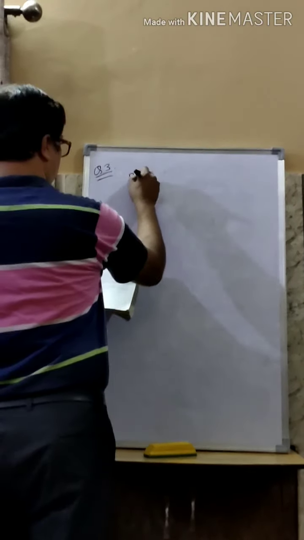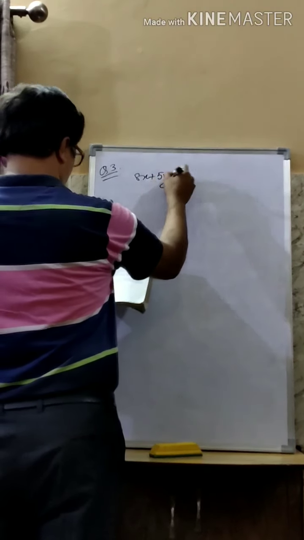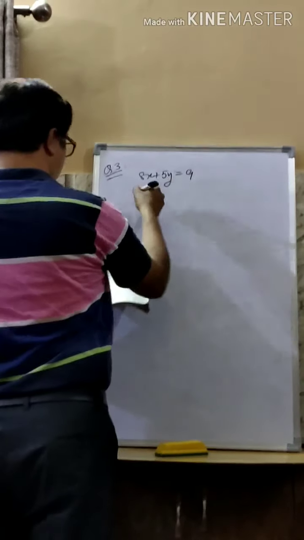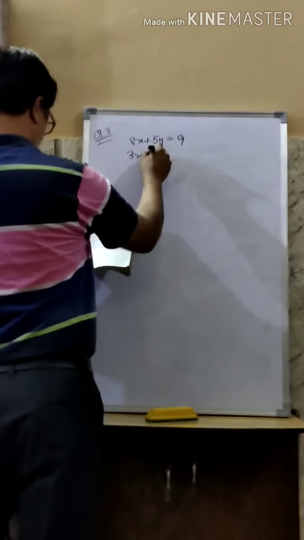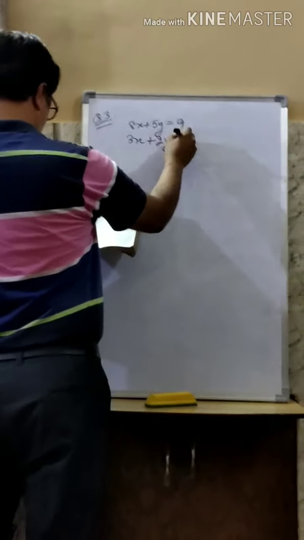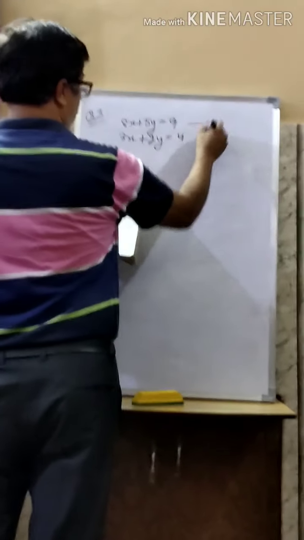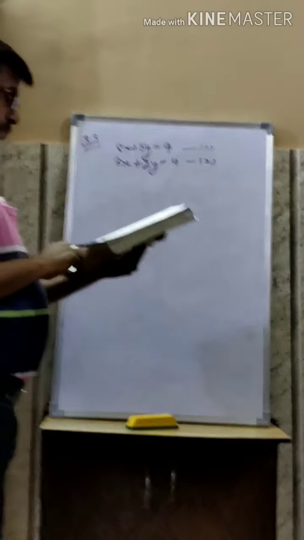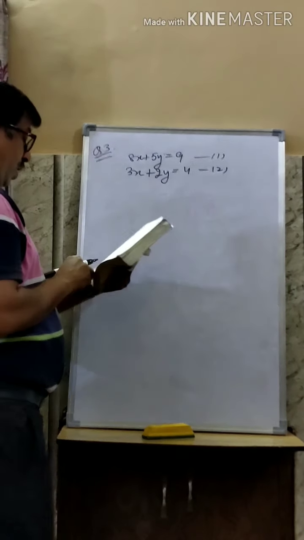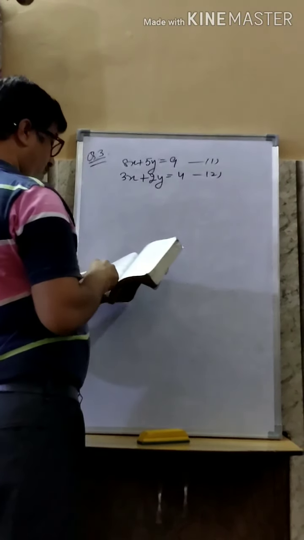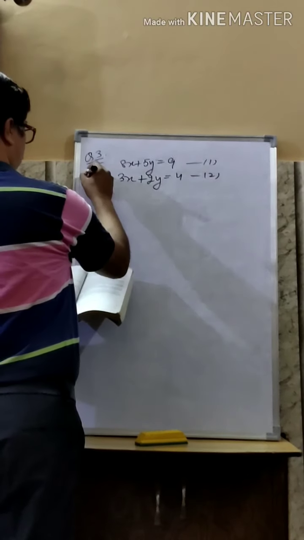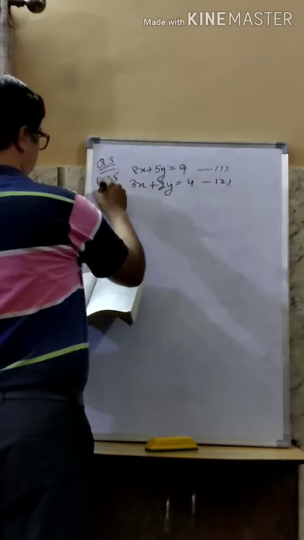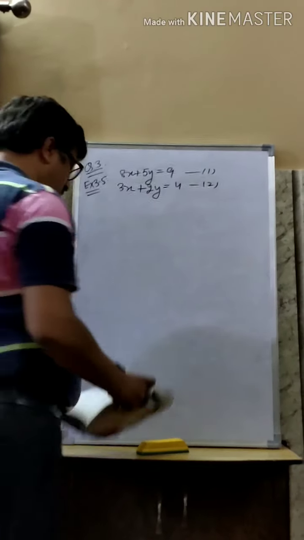Solve this: 8x plus 5y is equal to 9, another is 3x plus 2y is equal to 4. This is the first equation, this is the second equation. It is given, solve the following pair of linear equations by cross multiplication method and by substitution method. This is exercise 3.5, third question we are doing.